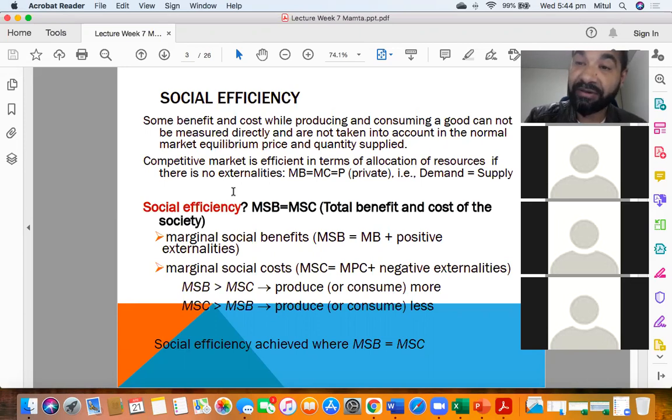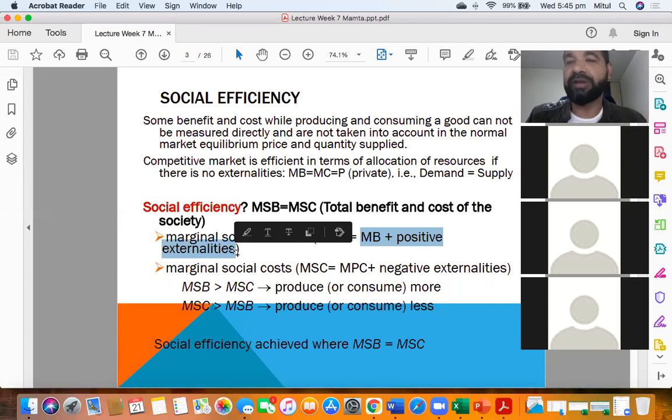Look, when you say marginal social benefit, we talk about good things. So marginal benefit plus positive externality. This is marginal social benefit.